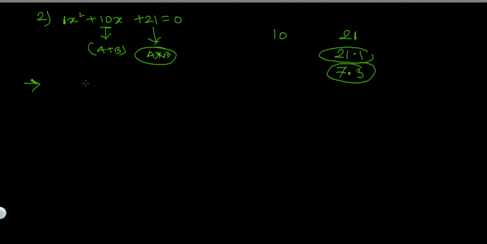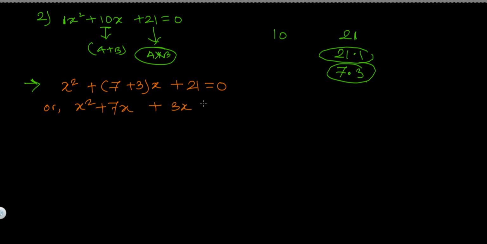So if you want to proceed further, we can have x squared plus 7x plus 3x plus 21 equals to 0, where x is common here.